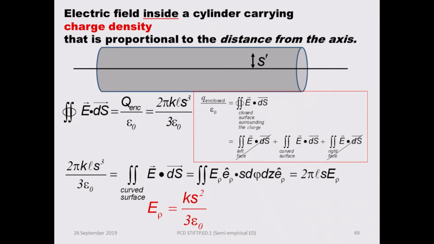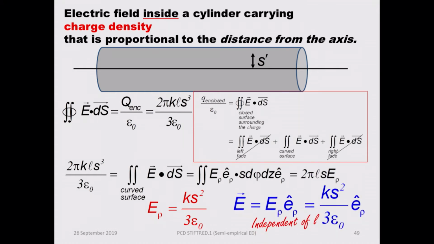So, it seems to increase as you go away from the axis, but of course, it cannot keep growing, because the charge is not going to grow continuously. The increase in charge will stop once you meet the boundary of the cylinder, and then it will start diminishing. So, this is independent of L.